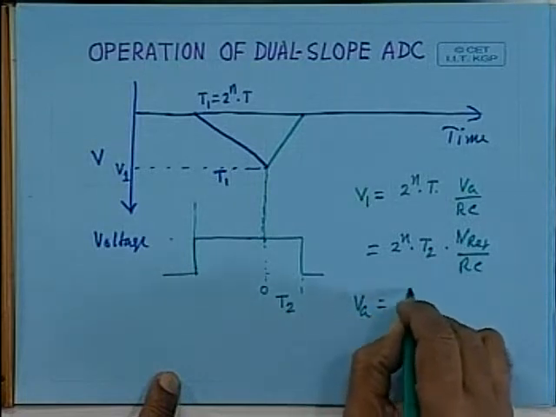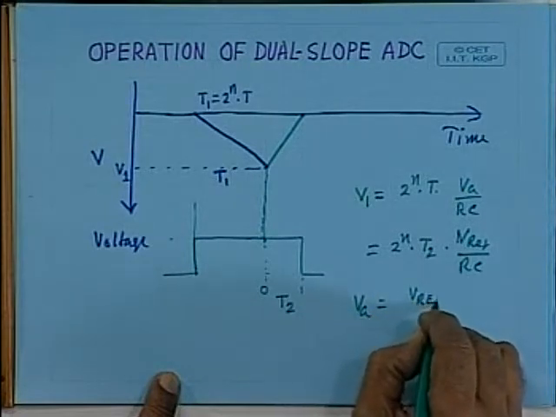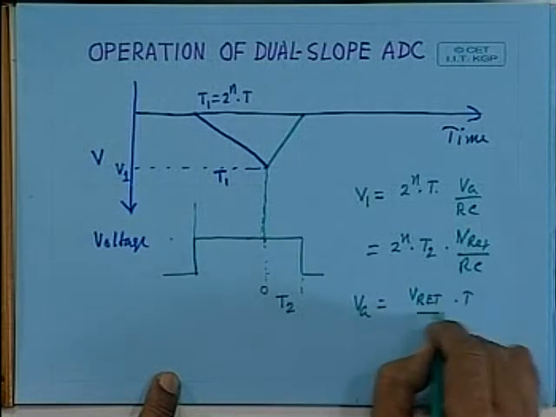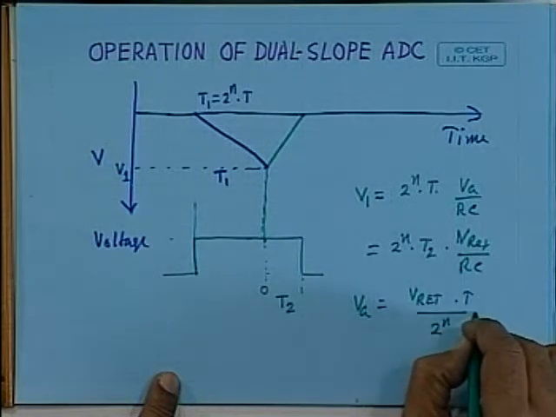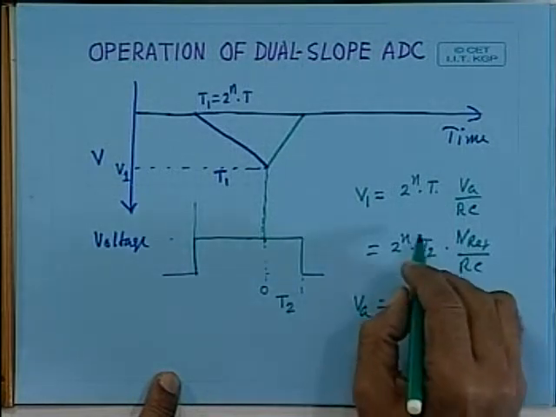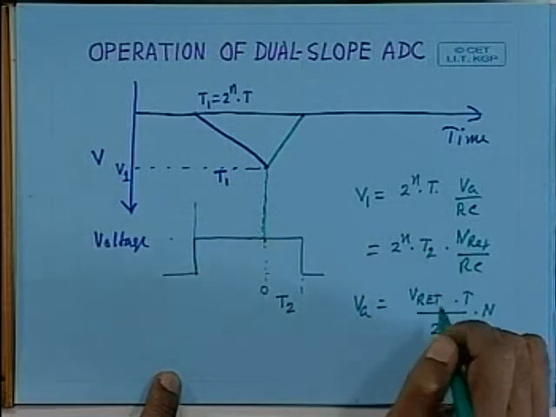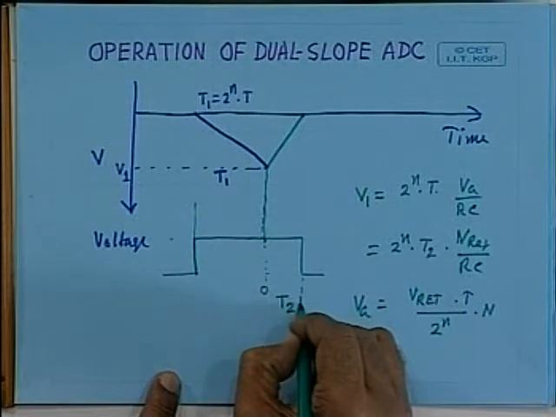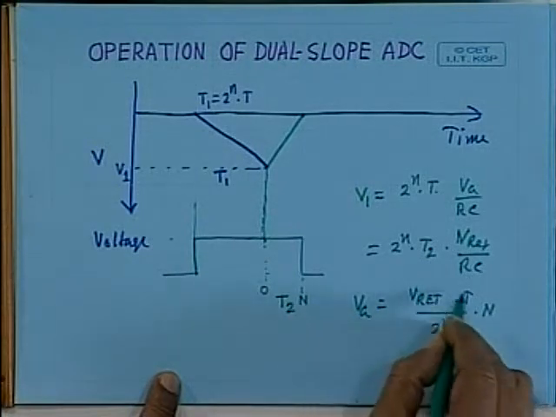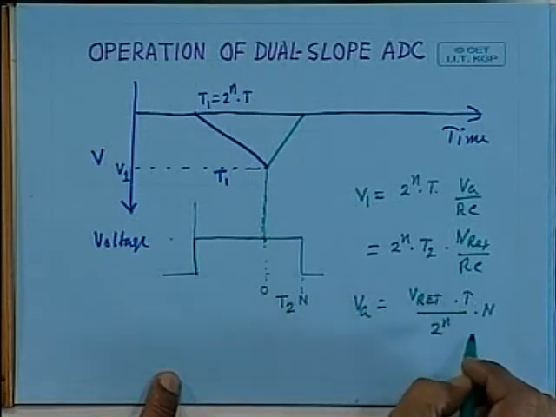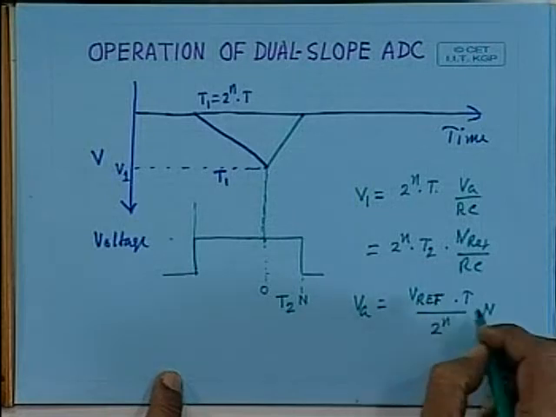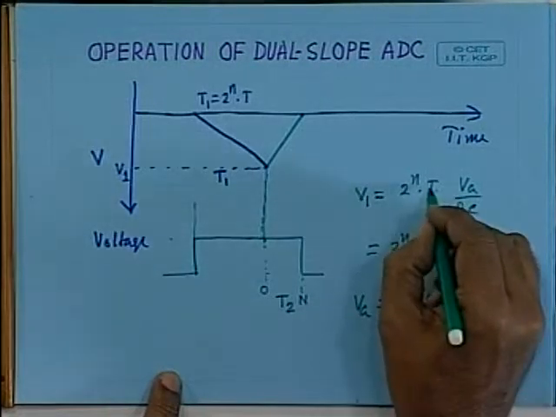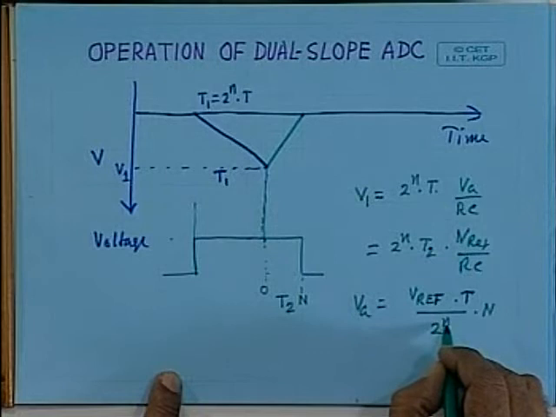Now they will cancel out and ultimately we will get VA equal to Vref into T by 2 to the power n into n, assuming that n count has taken place. Actually during this duration n counts will take place. Vref, this time T, 2 to the power n, these are all constants.